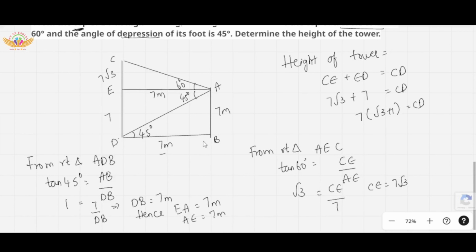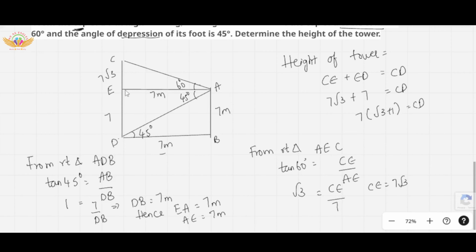And if DB is 7, automatically EA is also 7 meters only, right? Both are same lines. And coming to the second solution, from the right angle triangle AEC, we have taken tan 60 is equal to CE by AE, opposite by adjacent. We know AE, we don't know CE. From solving this, we got CE as 7 root 3.